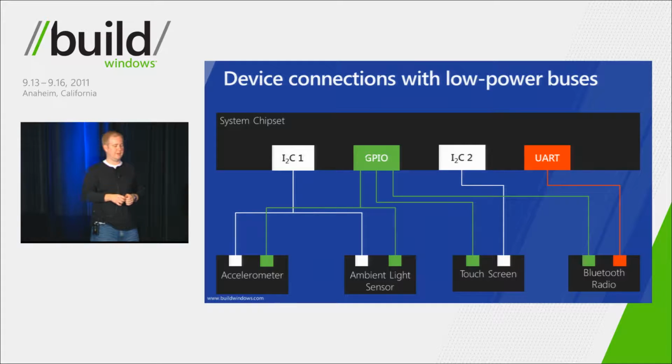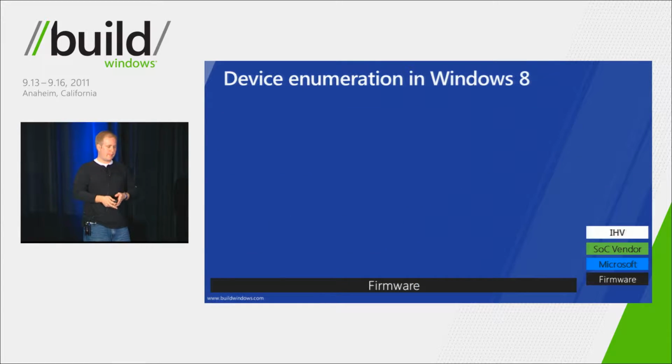As you can see here, we'll have multiple devices connected to multiple buses. GPIO is used by just about everything. And you'll have just a whole net of connections. And device enumeration is going to look a little different too, because we can't use this tree structure when in fact the physical structure is a bit of a web and there is no true parent-child.